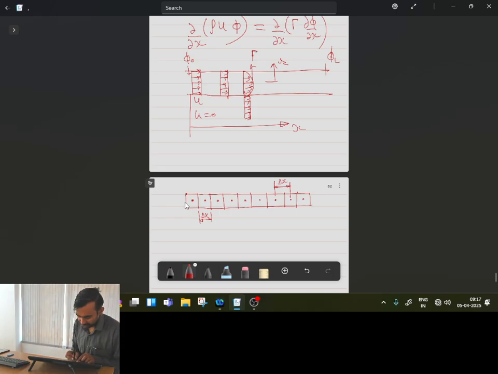Particularly whenever you use the finite volume approach, the control volume you are defining starts from this point, but this boundary is acting as an inlet in your physical domain because velocity is entering from this point, and this boundary is acting as an outlet. So in order to define the values of the property at inlet and outlet, particularly for boundary cells, we also have to place a node point at the center of the face of the control volume.